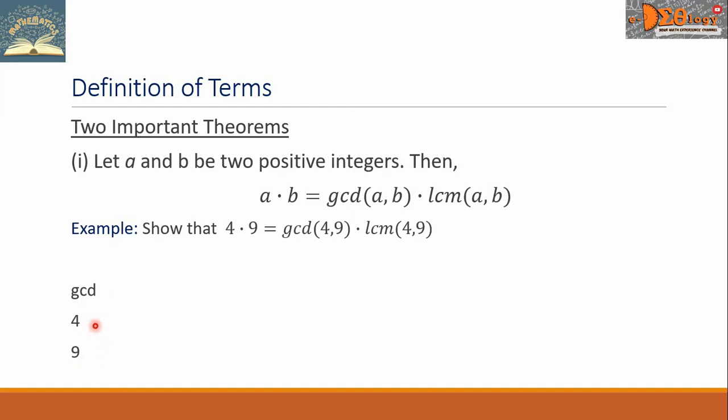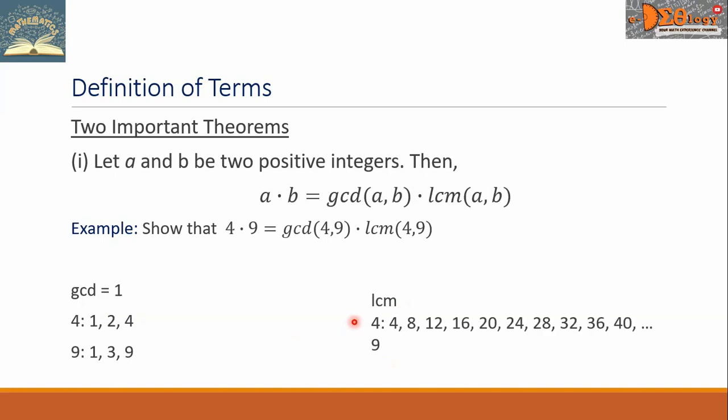Let us list the divisors of each number, starting with 4. The divisors for 4 are 1, 2, and 4. The divisors for 9 are 1, 3, and 9. We can see here that the greatest common divisor is 1. So we write here equals 1. With regard to LCM, we will write the multiples of the two numbers.